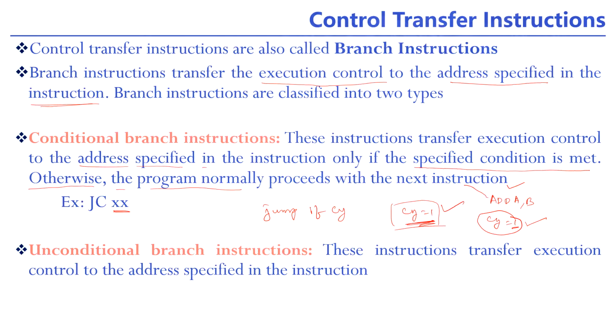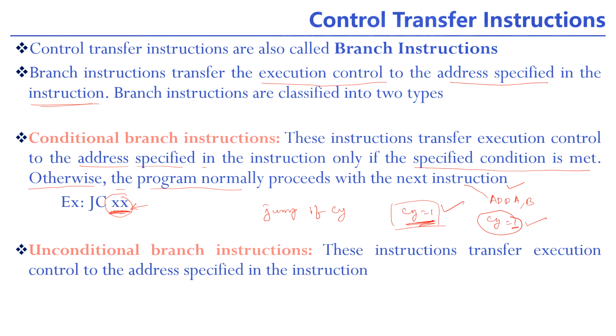That means the condition is met. Whenever the condition is met, the instruction branches to the address specified within the instruction. This type of instruction is called a conditional control transfer instruction. Not only the carry, any other condition is also possible.